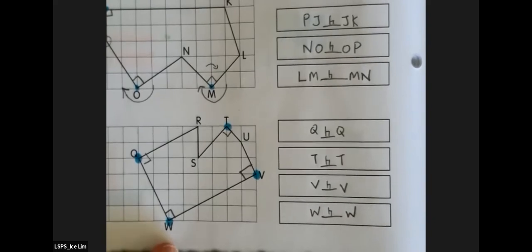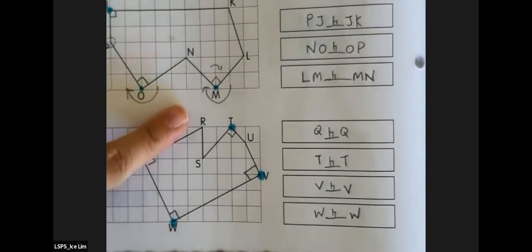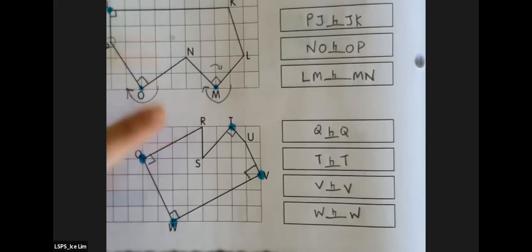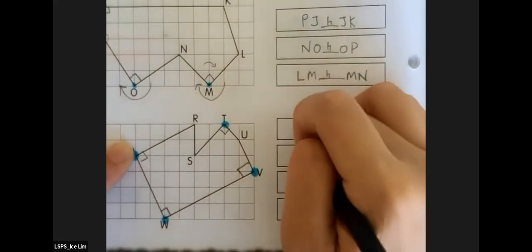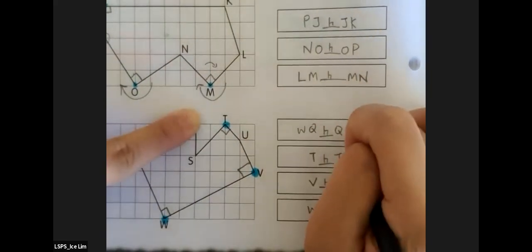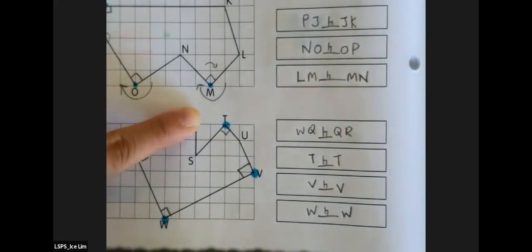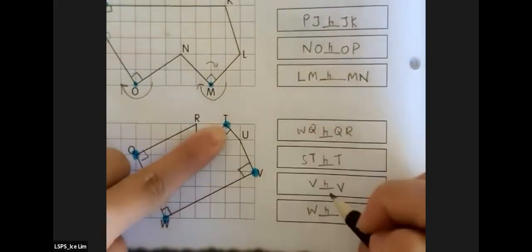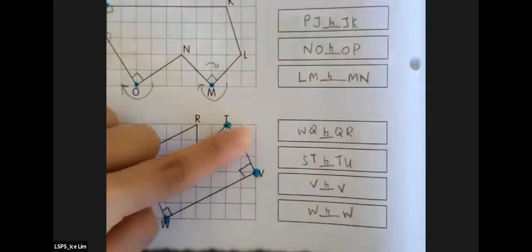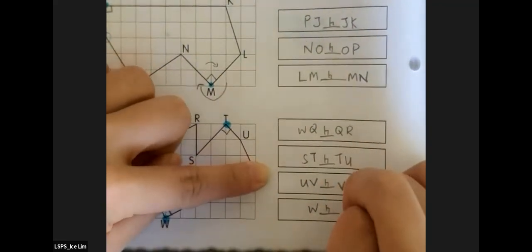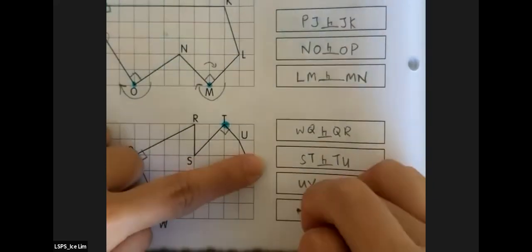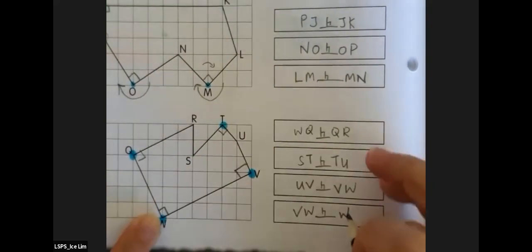Then I go with the flow. WQ to QR. ST to TU. UV to VW. VW to WQ.